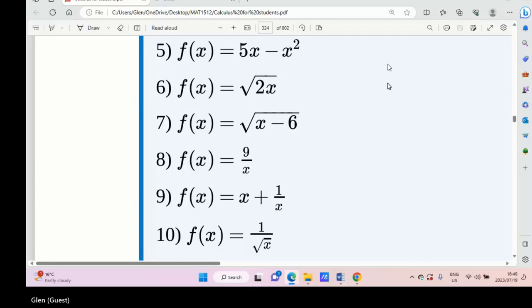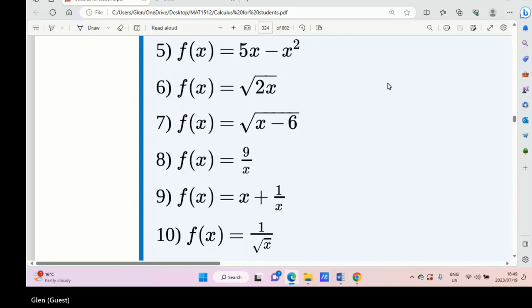Mine is different also. Tando, what did you get? Hi, Tando, what did you get? Okay, I got 1 over 2 root of 2x. No, they're correct. Sorry, it's 1 over 2 root 2x. Correct.